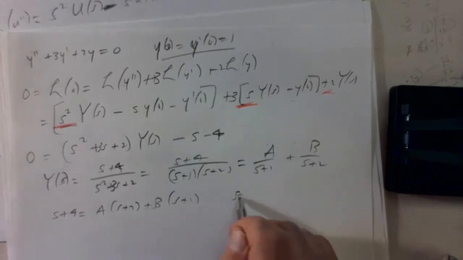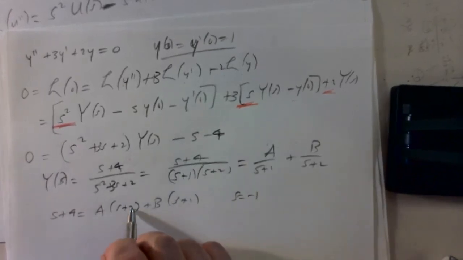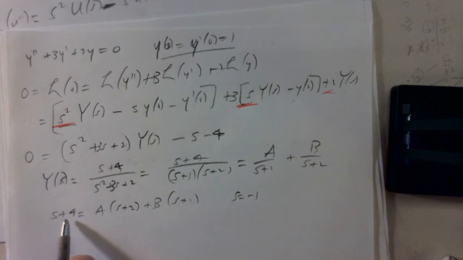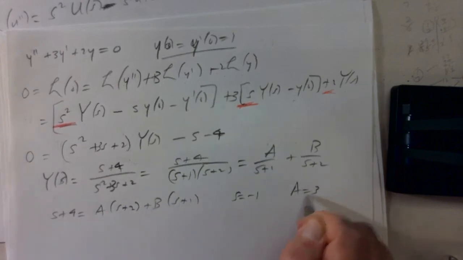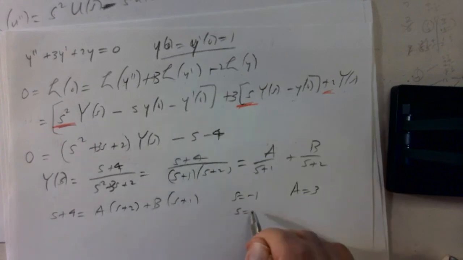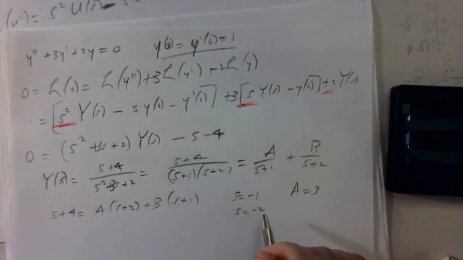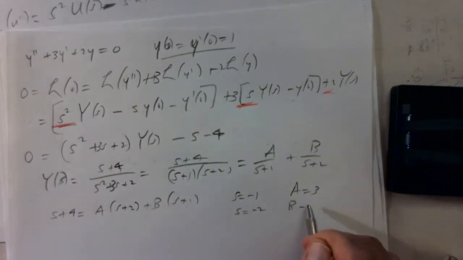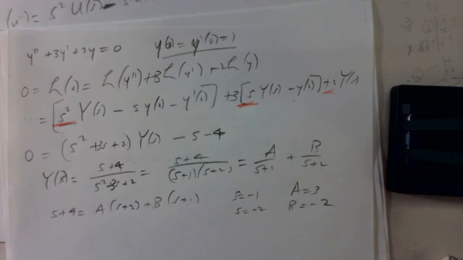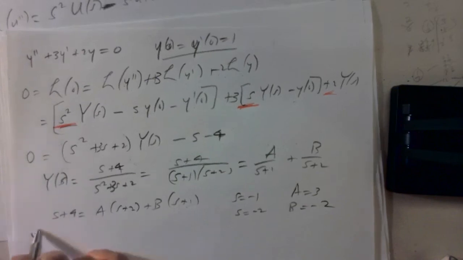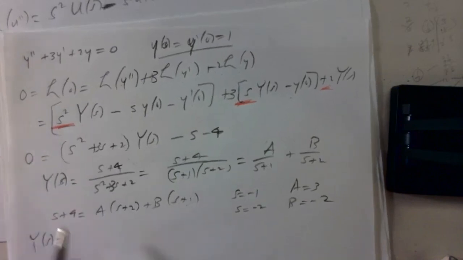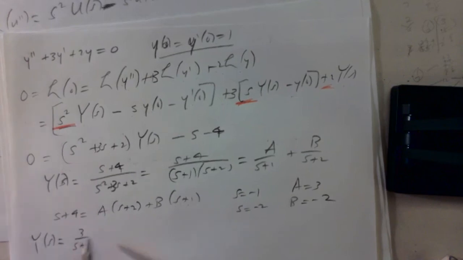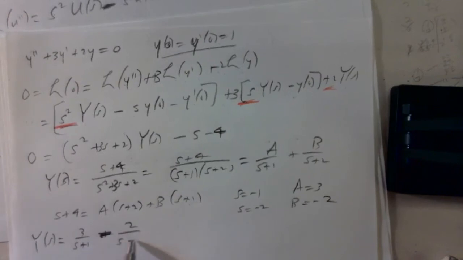If you let s equal minus 1, you get 3 equals A. And if you let s equal minus 2, you get minus B equals minus 2. So Y of s is equal to 3 over s plus 1 minus 2 over s plus 2.